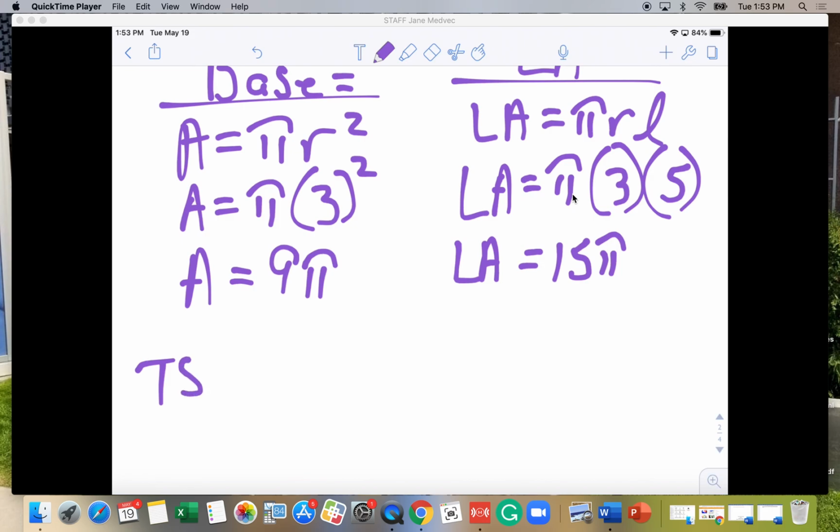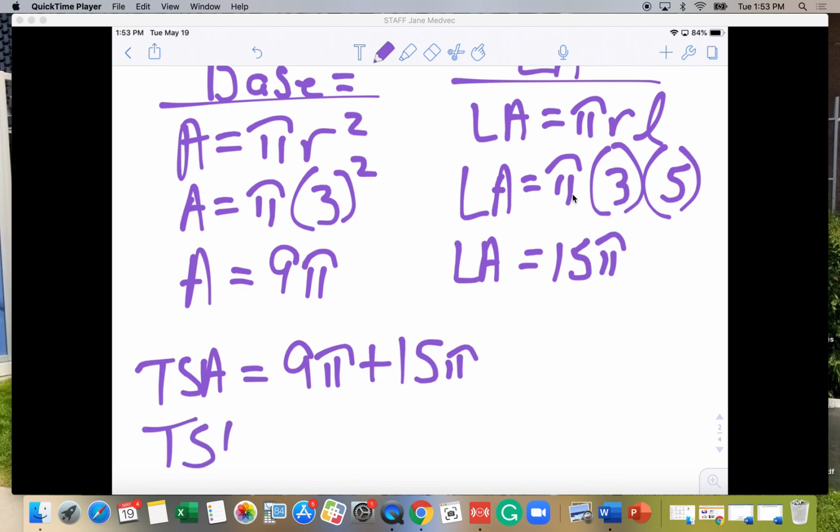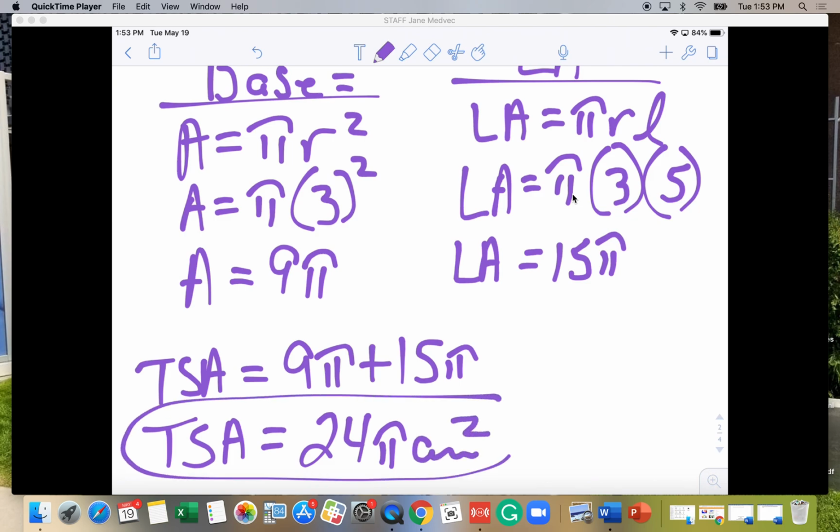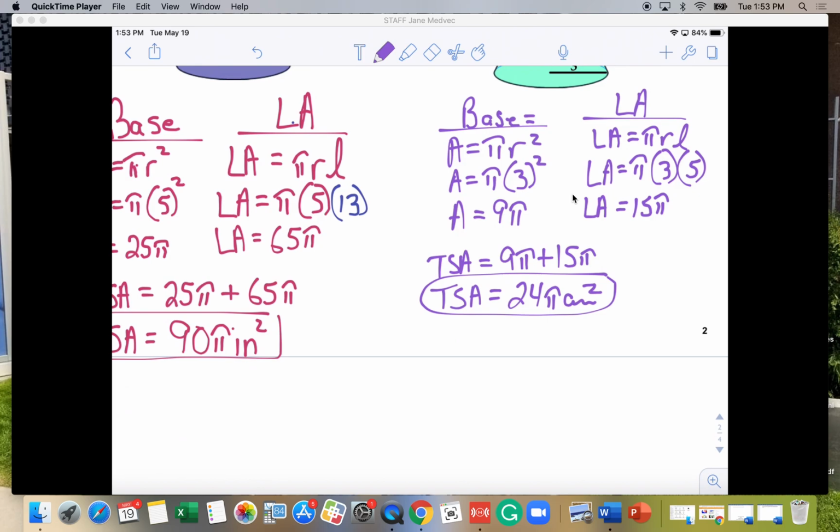The total surface area then is 9 pi plus 15 pi. Total surface area would be 24 pi centimeters squared. And that's how you find the surface area of a cone.